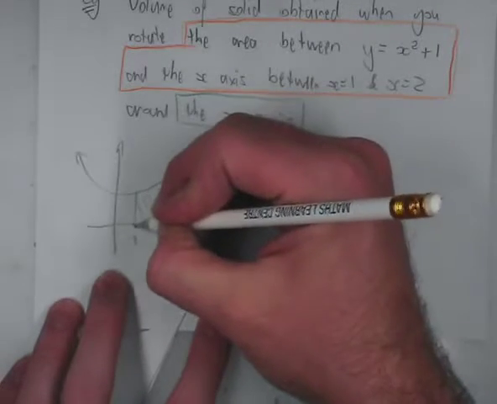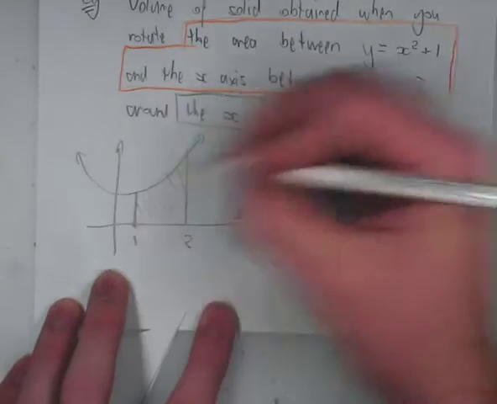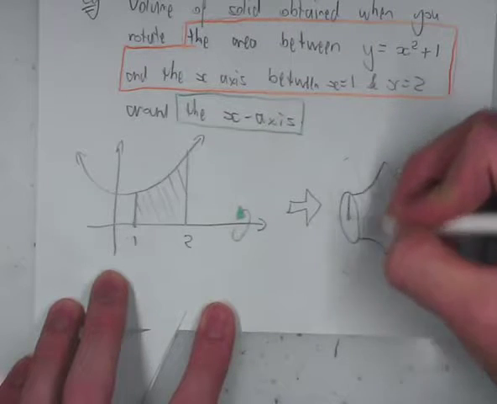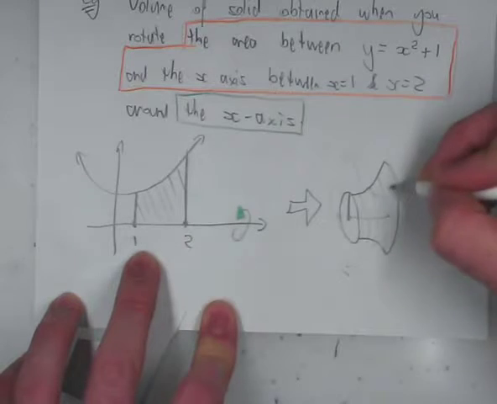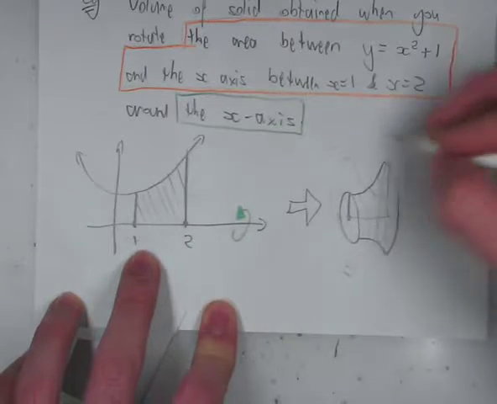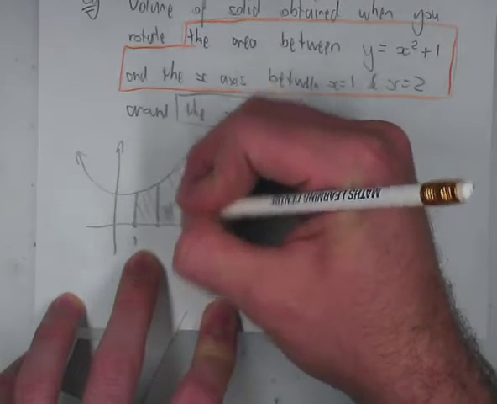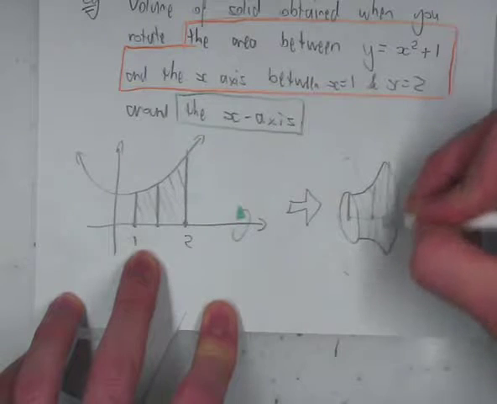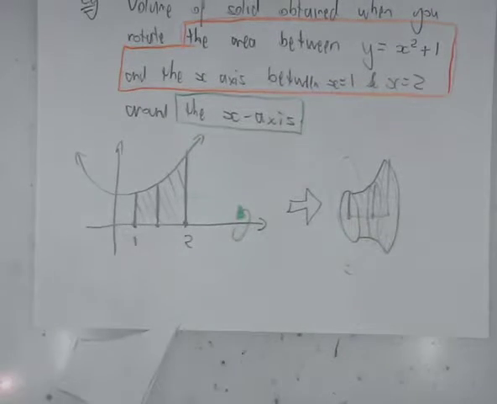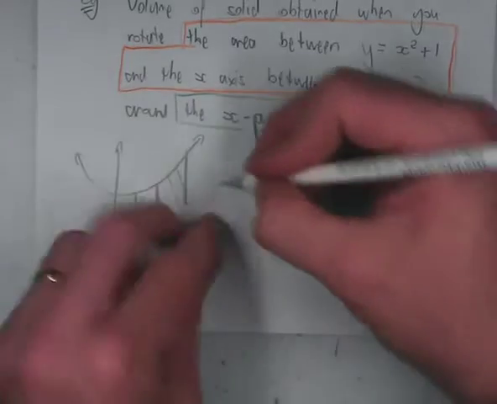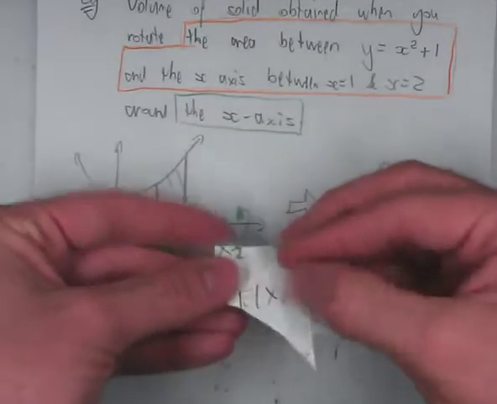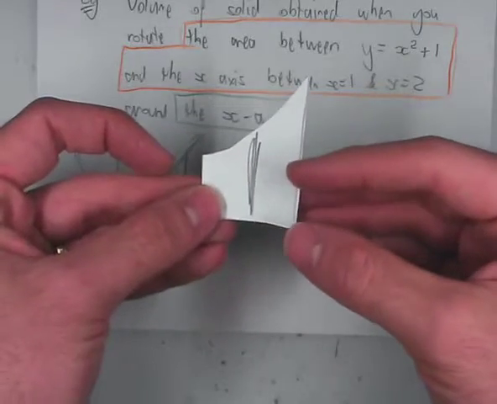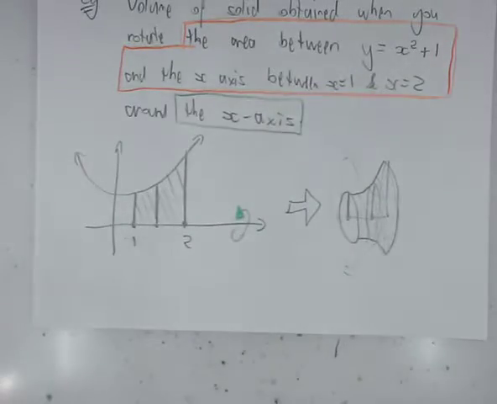So this vertical line here, when it's rotated, becomes this circle here. And this vertical line here becomes this circle here on the bottom. And a vertical line somewhere in the middle becomes a circle somewhere in the middle when you rotate it. Because you can imagine, when I draw that line and I rotate it, it sweeps out a circle in space. So it's those lines that we're interested in.